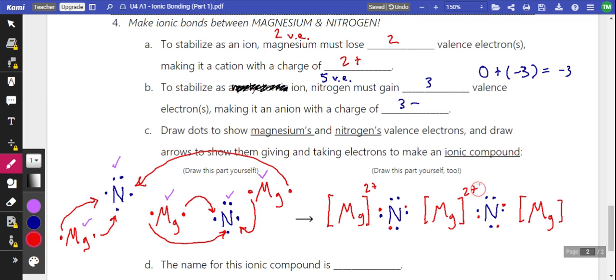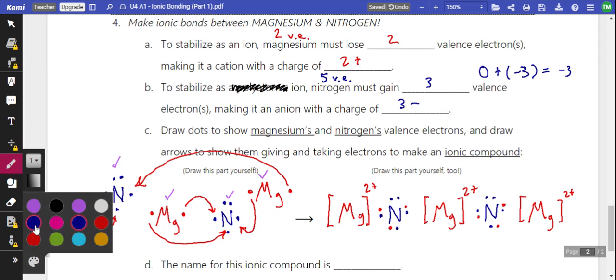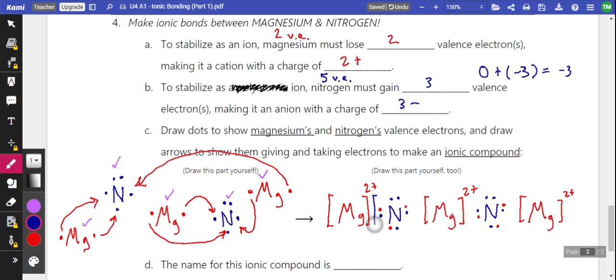Positive 2, positive 2, positive 2. Whereas these nitrogen atoms have gained 3 electrons each, meaning they each have a charge of negative 3. So 3 minus, 3 minus. So this is my ionic compound.